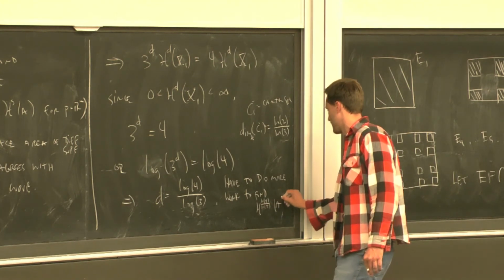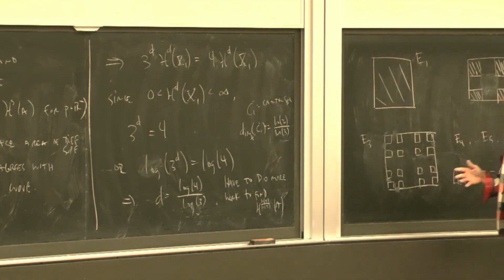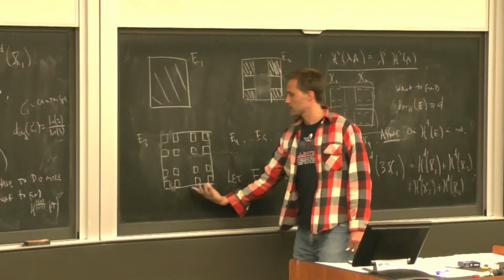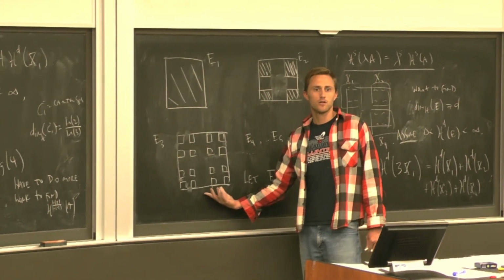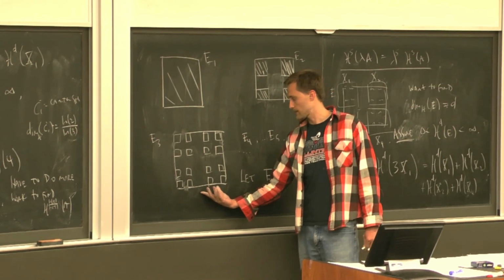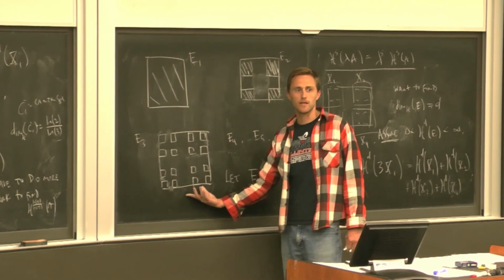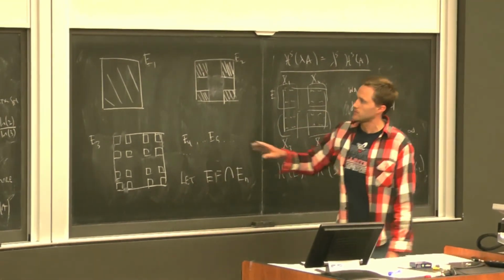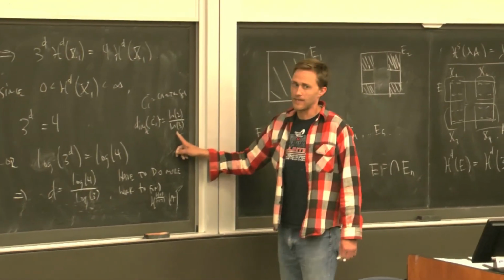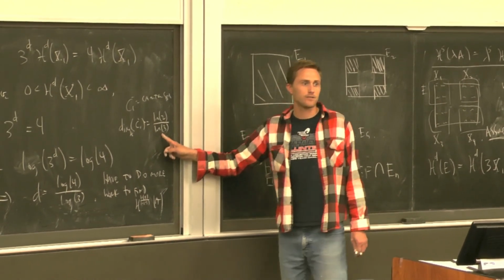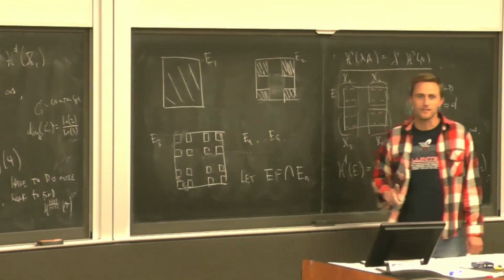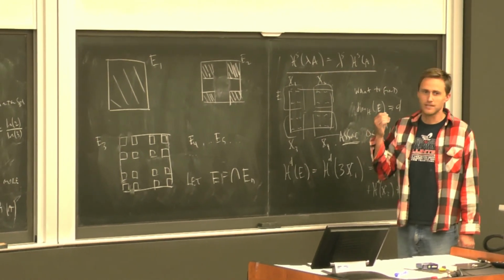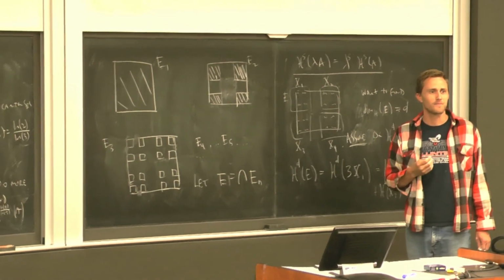But the nice thing is, for covers that decrease in diameter, you can actually use these E_n's. And using these, I think you can actually show that it is 1. I know for a fact that the H to the natural log of 2 over natural log of 3 of the Cantor set is 1. And you show that using covers of shrinking diameter, using the original sets you used to construct it.